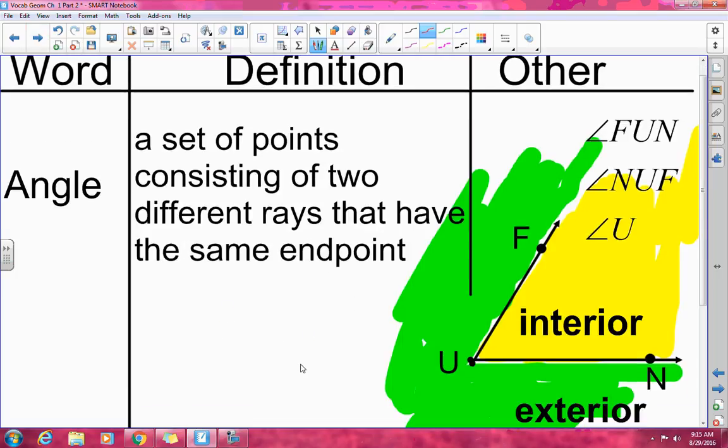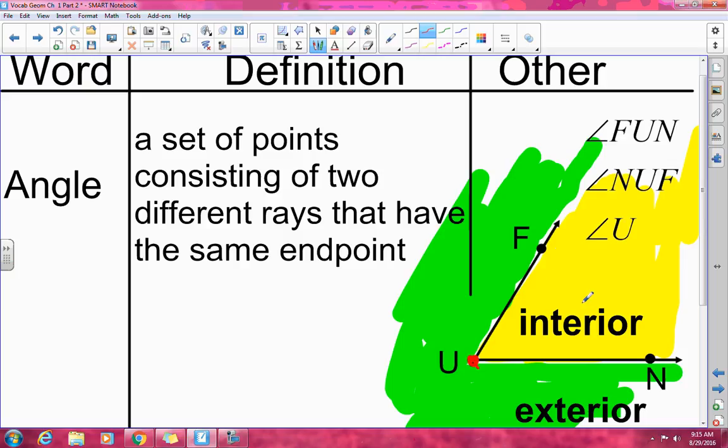Okay, so now, an angle. This is an important geometric term, and we'll be naming these a lot throughout the year, so take your time writing this definition down. So an angle is a set of points consisting of two different rays that have the same endpoint. So over here, I drew an angle. There's the two rays. They have the same endpoint, U, and all of this space is part of the angle.